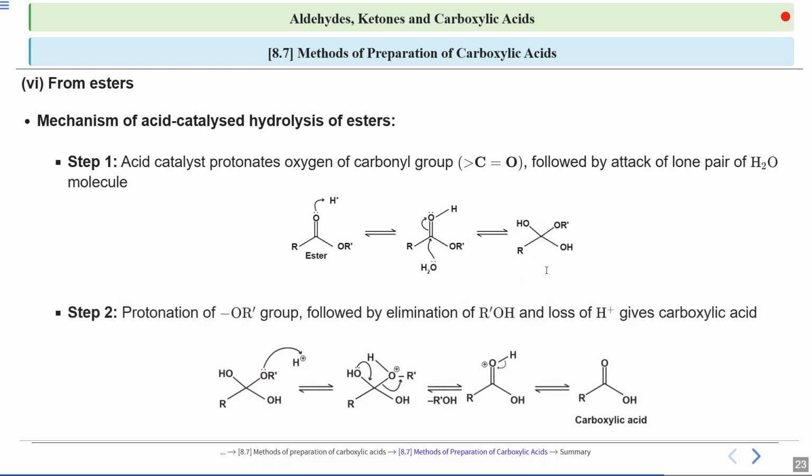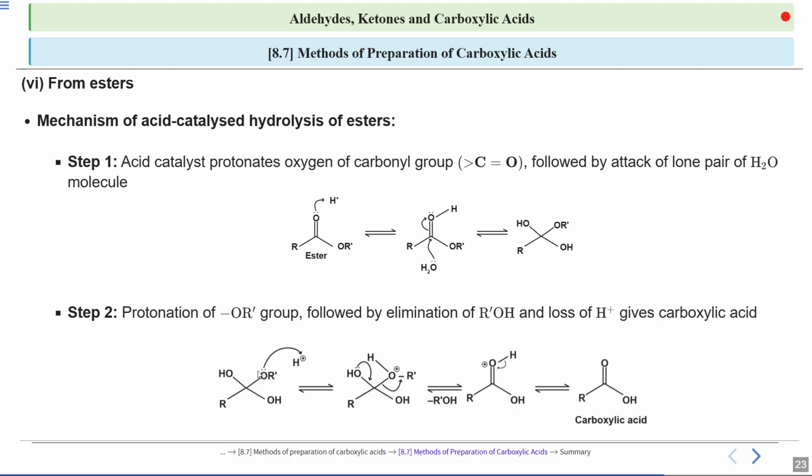The next step is that the OR dash group of the ester gets protonated. Why are we protonating it? This makes it a better leaving group, so it will leave as ROH, which is an alcohol. After this, the molecule loses a proton, resulting in the formation of carboxylic acid.